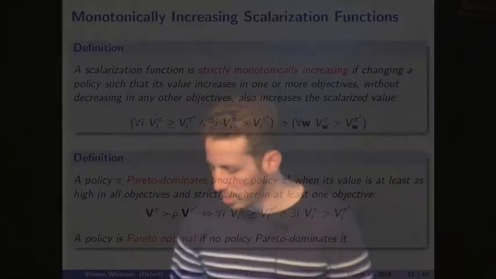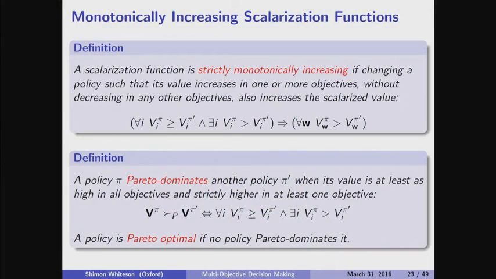If we make this minimal assumption, then we know we can ignore policies that are Pareto dominated. A policy pi Pareto dominates another policy pi prime if its value is at least as high in all objectives and strictly higher in at least one objective. This is a concept that's probably familiar to many of you. A policy is Pareto optimal if no policy Pareto dominates it.